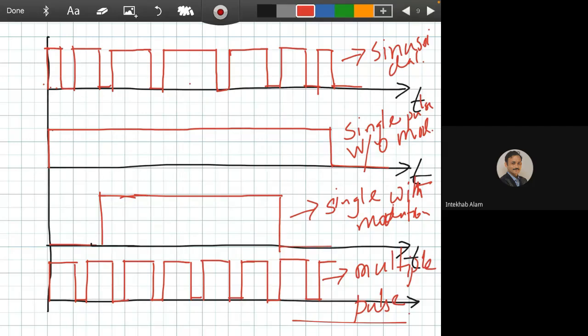Okay, and the next one is a single pulse without modulation, and in that part the total harmonic distortion is high and the distortion factor is also high, and we cannot control the output voltage with the second one.